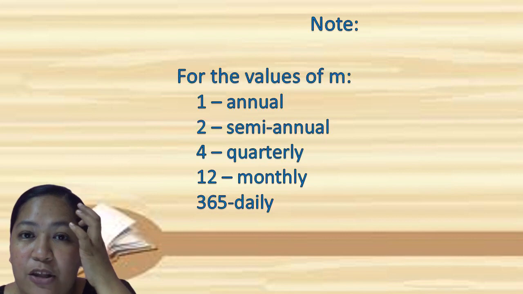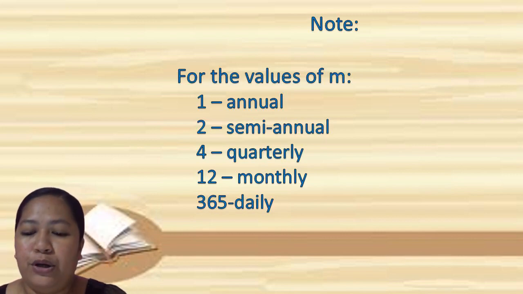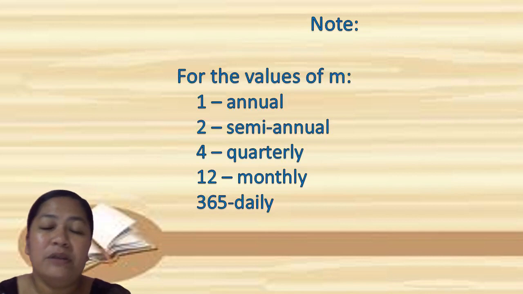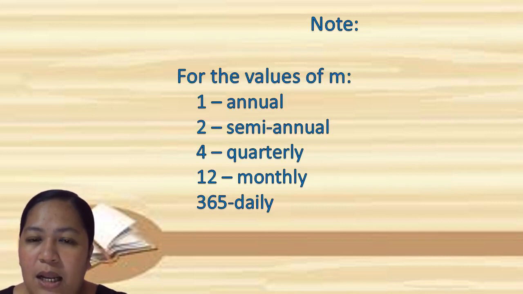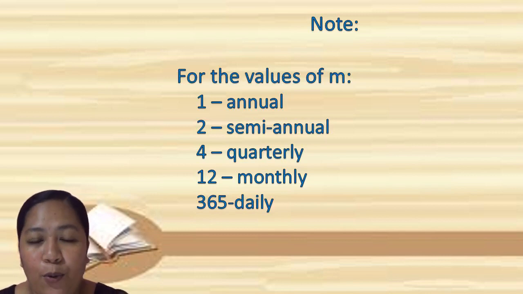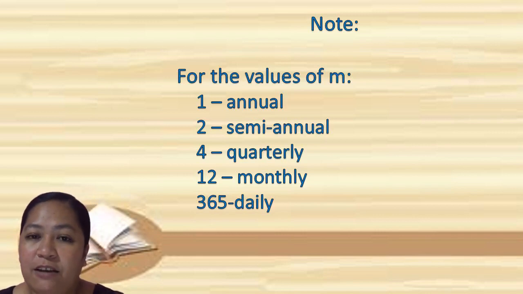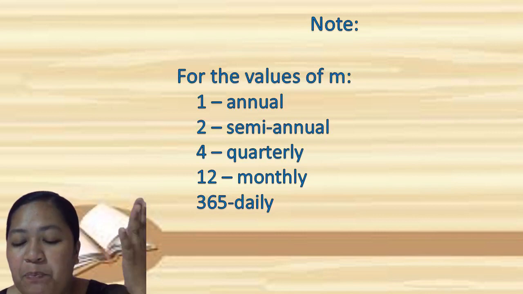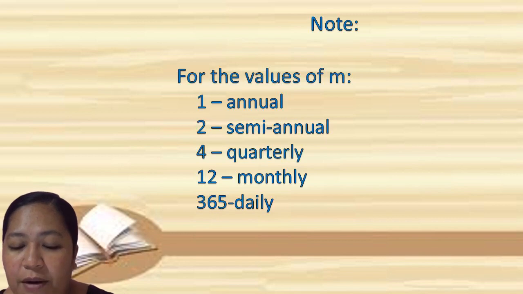First, take note of this one. For the values of M, or the compounding, that would be 1 if annual, 2 if semi-annual, 4 if quarterly, 12 if monthly, and then 365 if daily. So what does this mean? Meaning, in one year, if the interest is annual, that would be 1.